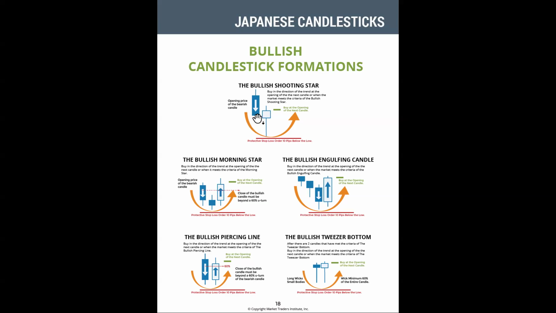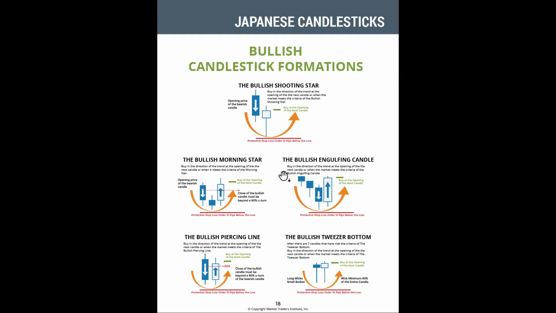MTI is telling you that anywhere this candlestick appears in the chart, buy it and place your stop loss 10 pips below the lowest wick of that pattern. You see a shooting star, buy, place stop loss 10 pips below. You see a morning star, buy, place stop loss 10 pips below. You see a piercing line, buy, place stop loss 10 pips below.